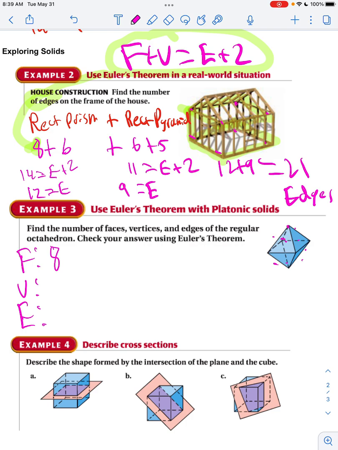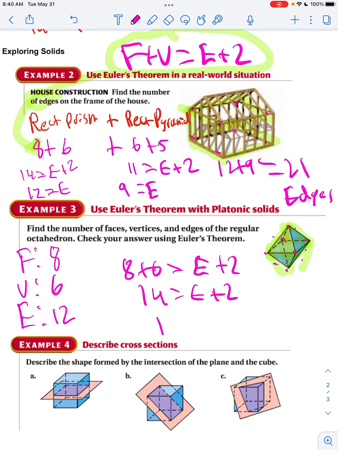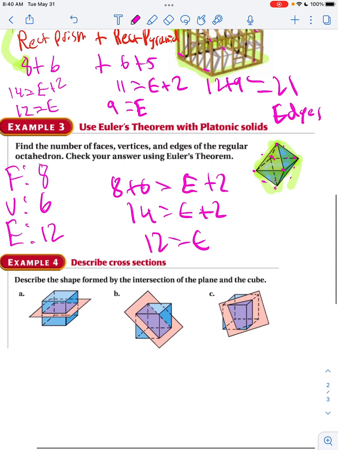Vertices 1, 2, 3, 4, 5, 6. And if I count edges 1, 2, 3, 4, 5, 6, 7, 8, 9, 10, 11, 12. I get 12. So 8 plus 6 equals E plus 2. 14 equals E plus 2. Looks like we got the same answer.